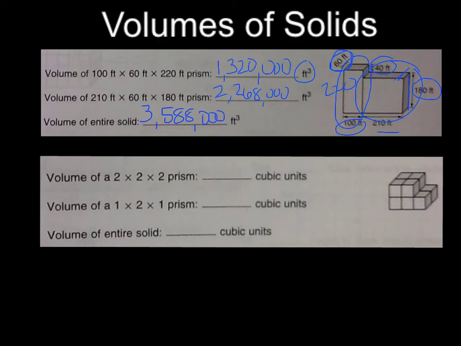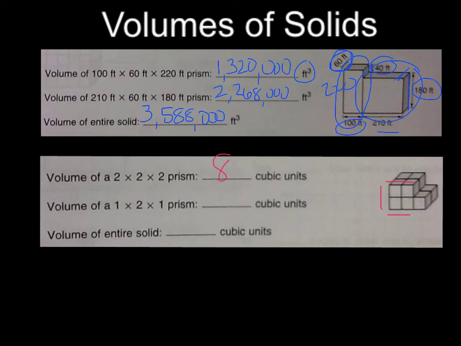Next, we are going to find the volume of this prism over here. The first thing we are going to do is find the volume of a 2 by 2 by 2 prism. The pieces that we're going to use from this figure are these two right here, the height of 2 and the width of 2, and we're going to find the volume of that prism first. 2 times 2 times 2 is 8. So 8 cubic units is the volume of this figure.